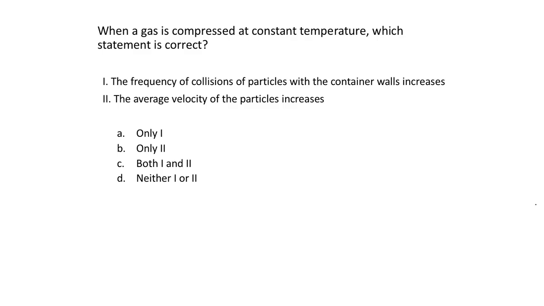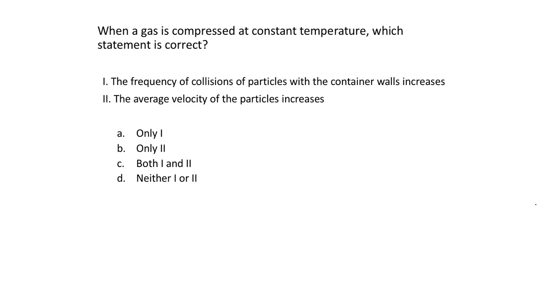As you compress the gas, are you causing the frequency of collisions with the container walls to increase? If we take a gas from this volume and decrease its volume, we're going to have way more collisions with the walls of the container. So that's what's going to change. One of the reasons why the pressure goes up is because of the force exerted per square area. Remember how we defined pressure as the force hitting a square area?